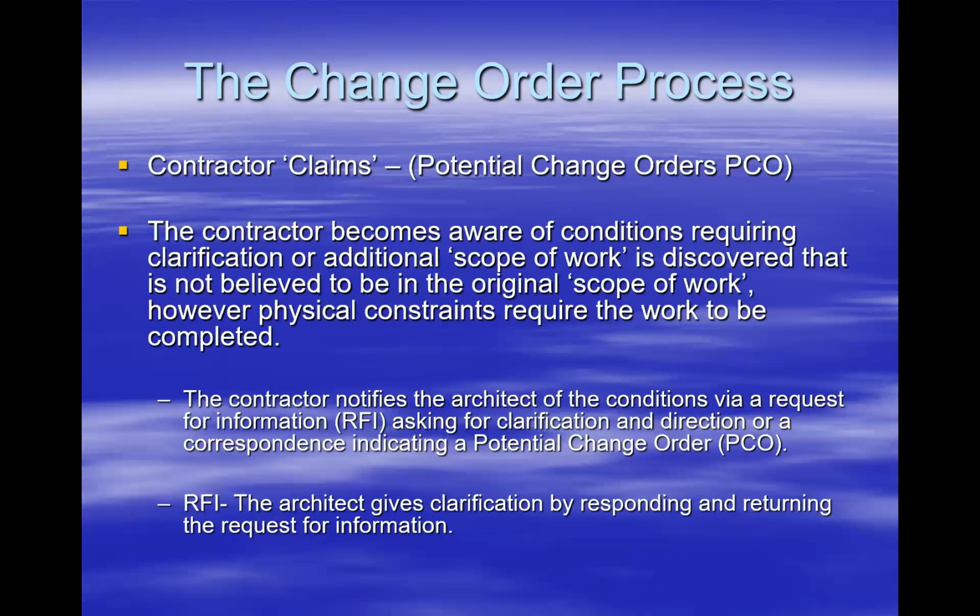There's something not right here. We need clarification. We're going to send in that RFI to get that clarification. Once that clarification comes, then we have to make a decision if that response will actually incur additional costs that are outside of the original scope of work. If that's the case, then we will ask for additional money, and we'll document that as a potential change.